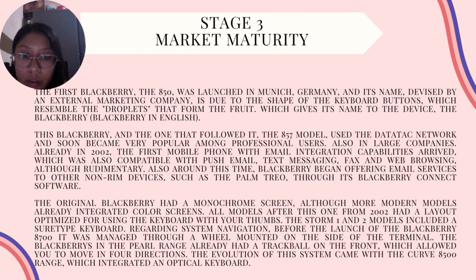a QWERTY keyboard. System navigation was recorded before the launch of the BlackBerry Pearl range. Before the launch of the BlackBerry 8700, it was managed through a wheel mounted on the side of the terminal.